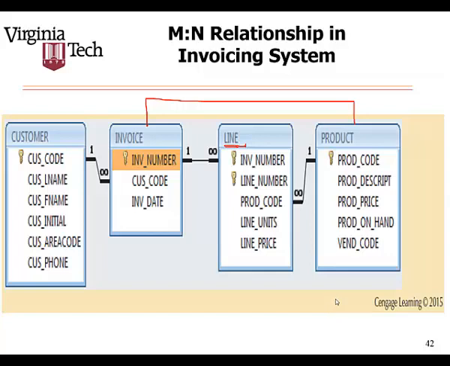One invoice sells many products. One product is sold on many invoices. So we create this idea of invoice line that has a foreign key of invoice number, which identifies the one invoice that this line occurs on, and each invoice product code identifies one product that is sold on that line.